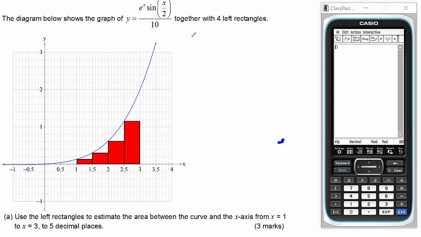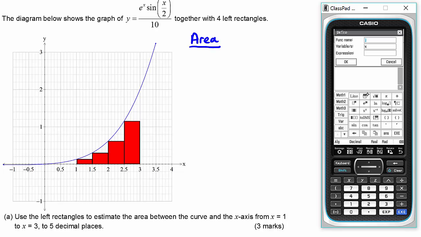So let's look at the individual areas. What I might do to start with is define this function. It will save me time.